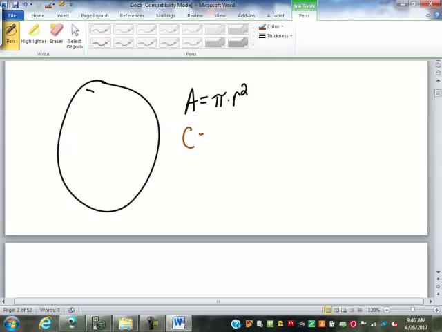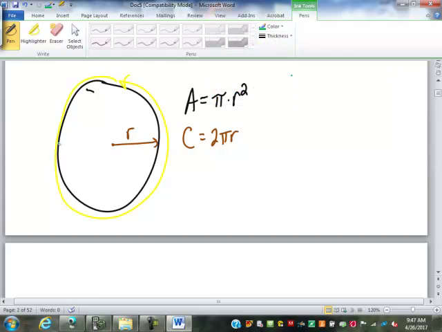The circumference of this circle, if the radius, I'm just going to call the radius r for now, is 2 times pi times radius, right? That's the distance all the way around. Just our formula.